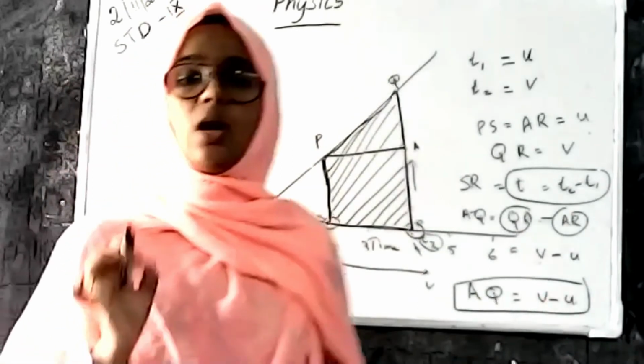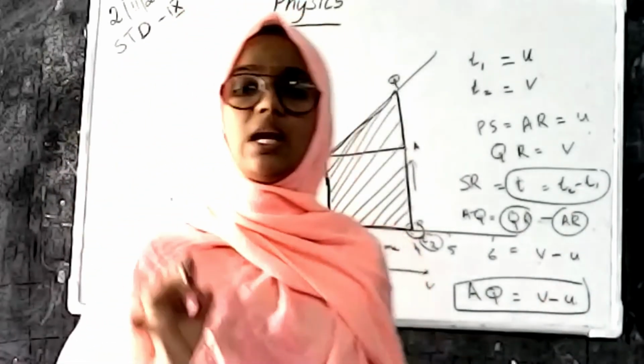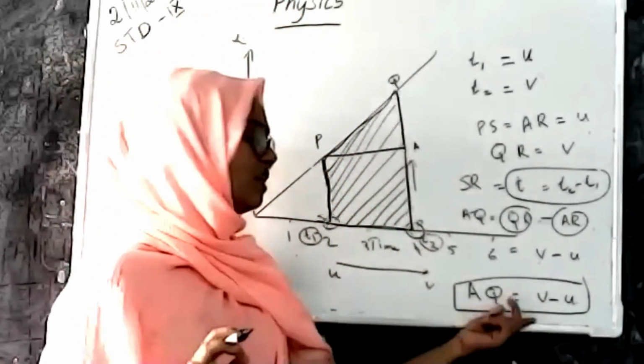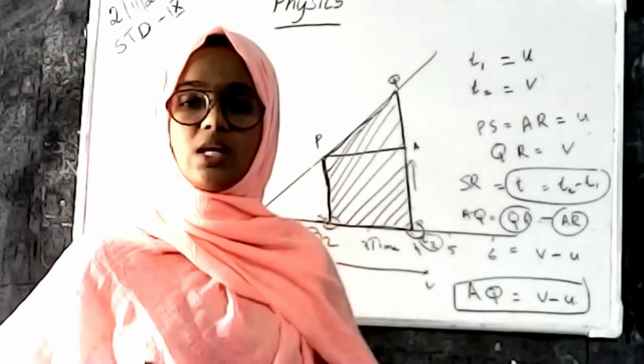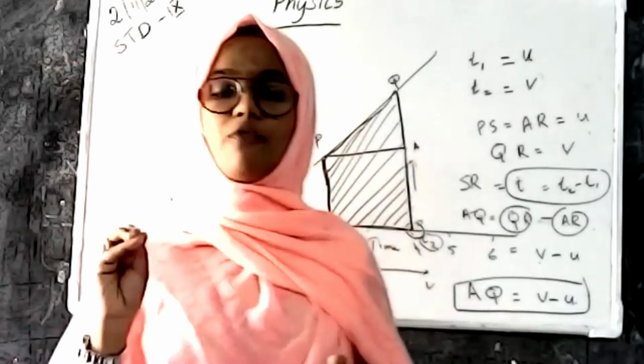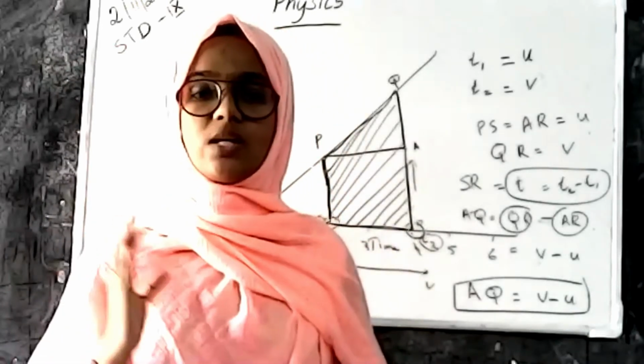This relation, the change in velocity AQ is equal to V minus U, is the common derivation used in the equations of motion.